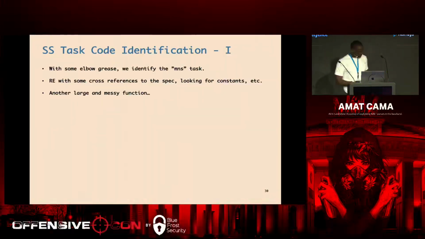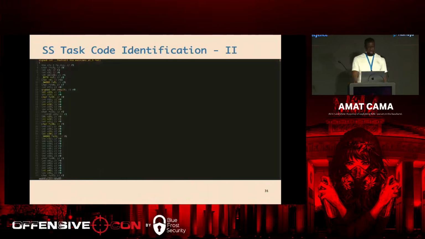So the first thing I needed to do was to identify the supplementary services task. With some elbow grease, reversing, and cross-referencing of the specifications, looking for constants, stuff like that, I was able to find that it's called MNS.